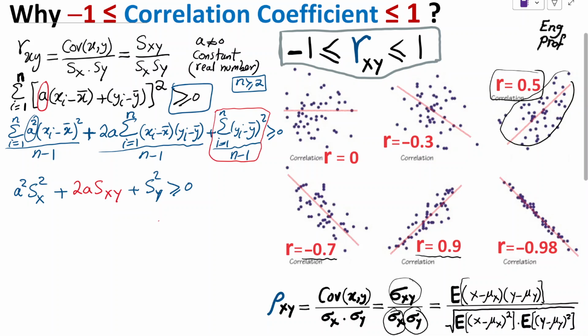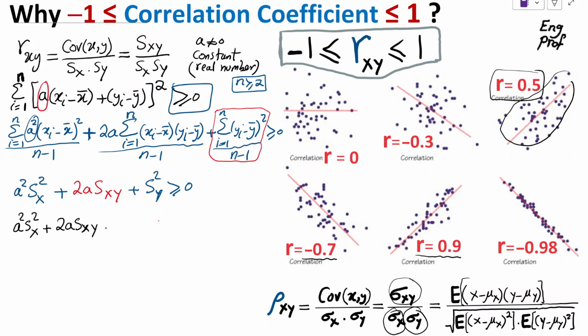And we are saying this is greater than or equal to 0. Okay, what do we need to do? It's as simple as this. I am going to do a little trick here. So let's keep it this way: 2a s_xy, and the next one that I'm going to play with is this trick.